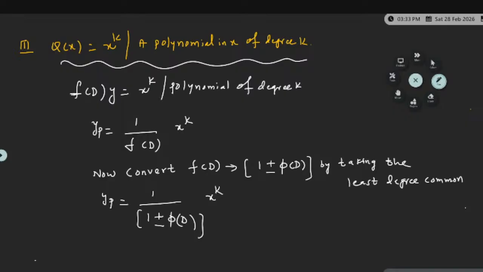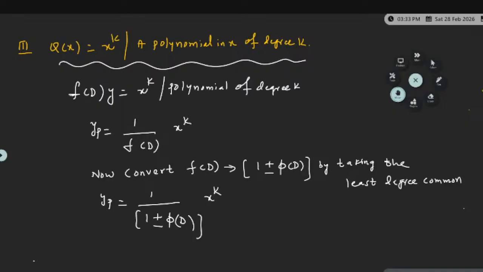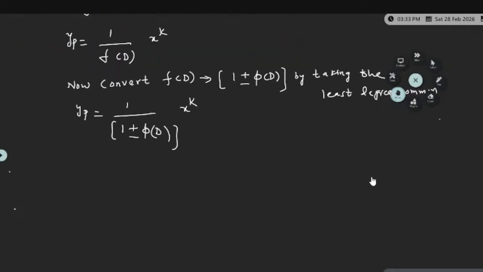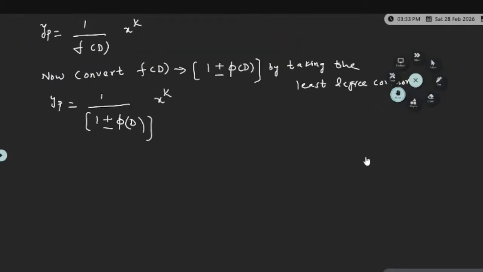Now the denominator will be converted into the form 1 plus or minus phi of D into x power k. Now, okay.